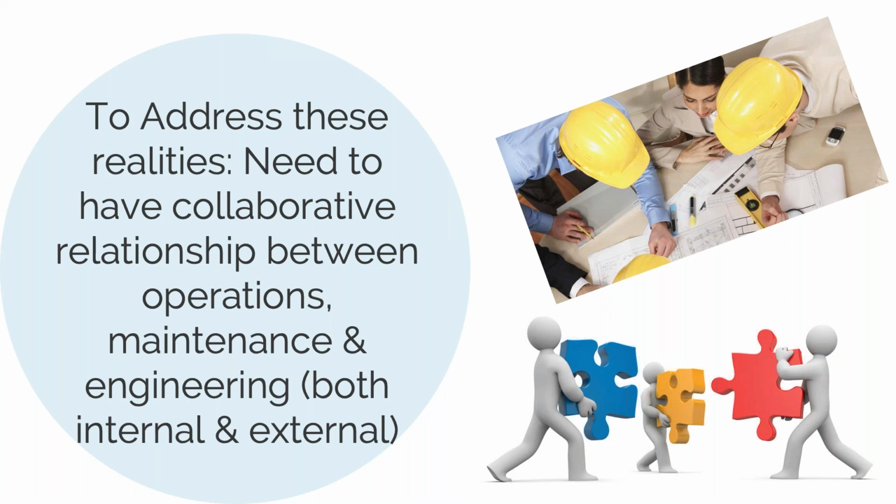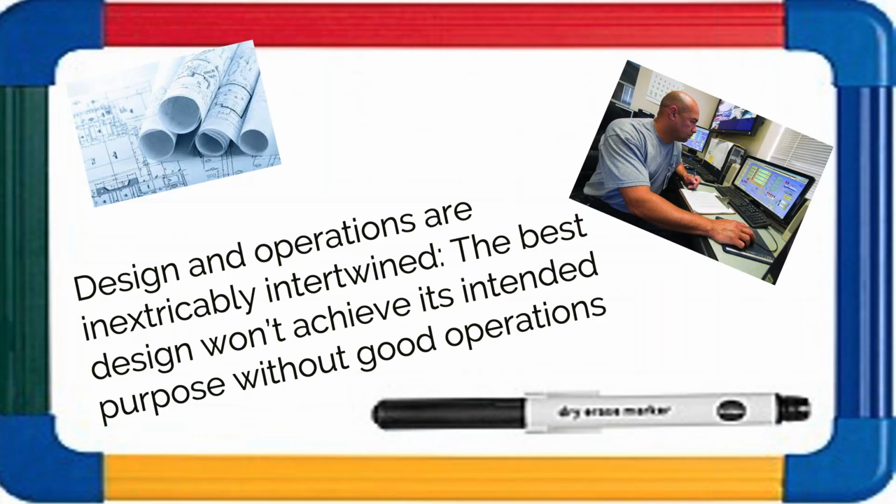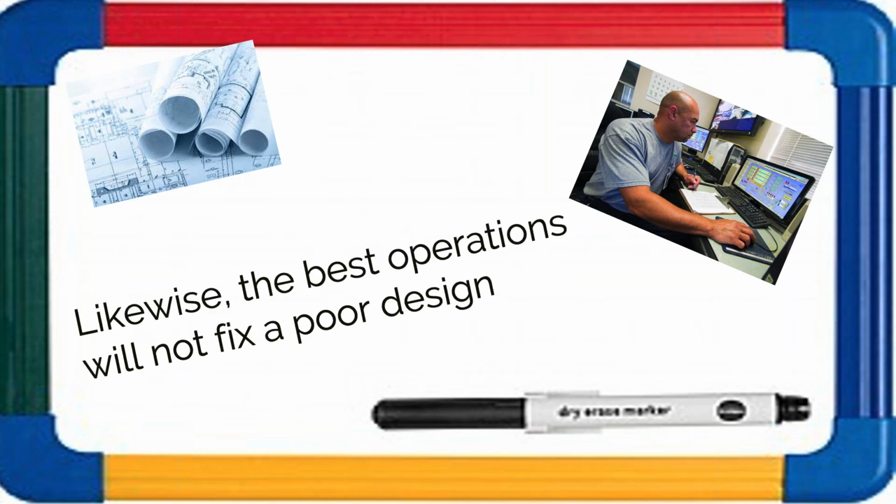And if you hire engineers to do work for you in whatever capacity, including design, you want to make sure your operations and maintenance staff are working very closely with them, because design and operations are inextricably intertwined. The best design is not going to achieve its intended purpose without good operations. And likewise, the best operations is not going to fix a poor design.